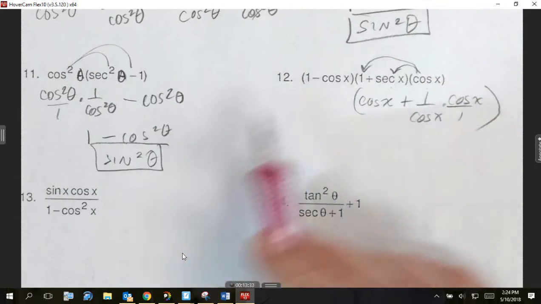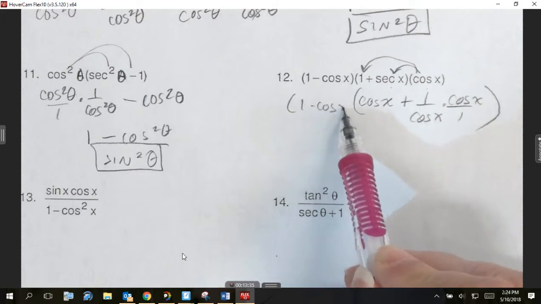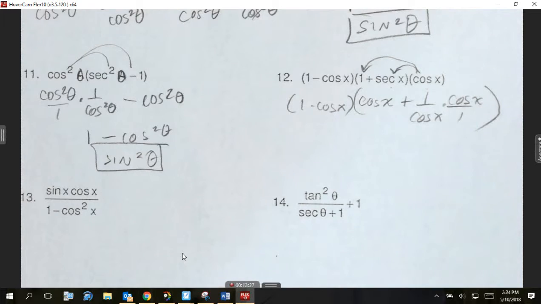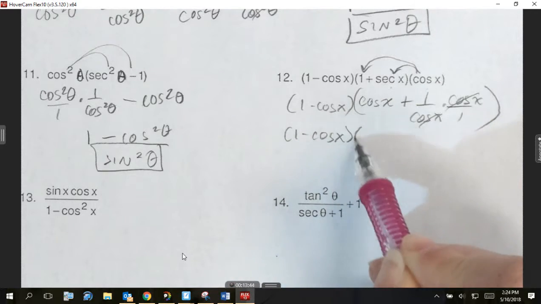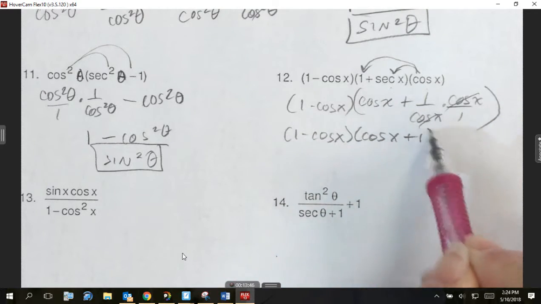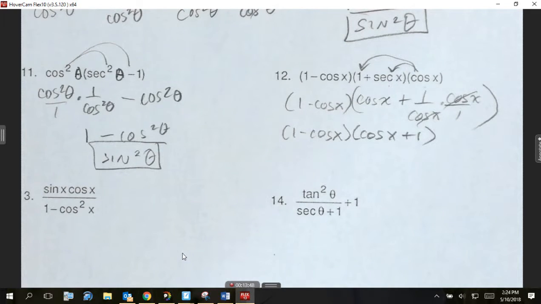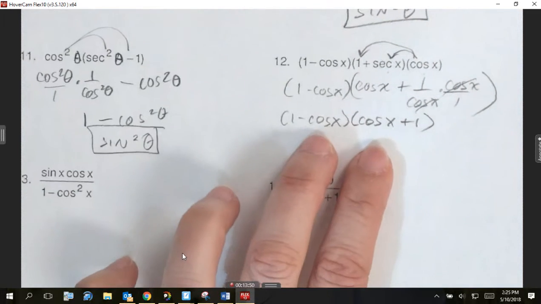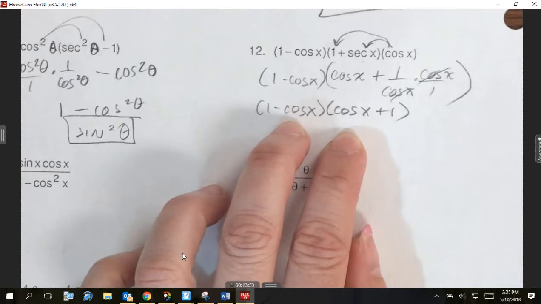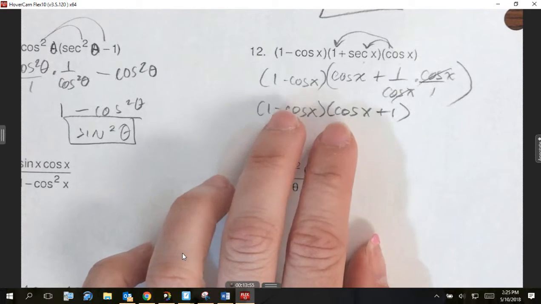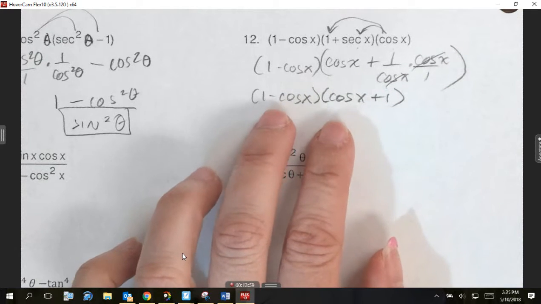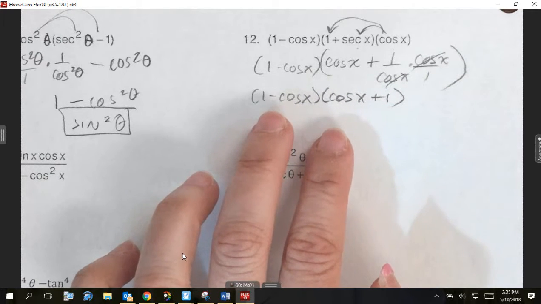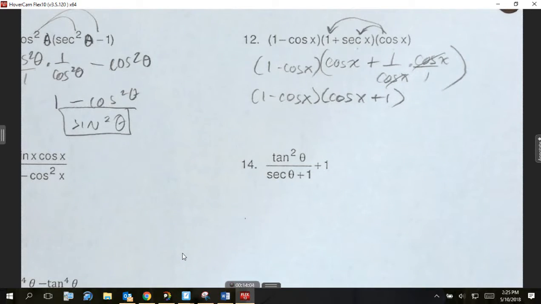What's going to happen there? Yeah, well, it becomes 1. They're reciprocals. Okay, so once I multiply those together, now I have 2 to multiply. I have a product here. What am I going to do now?